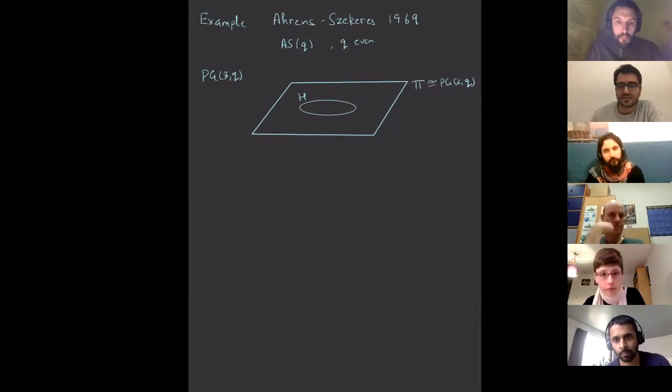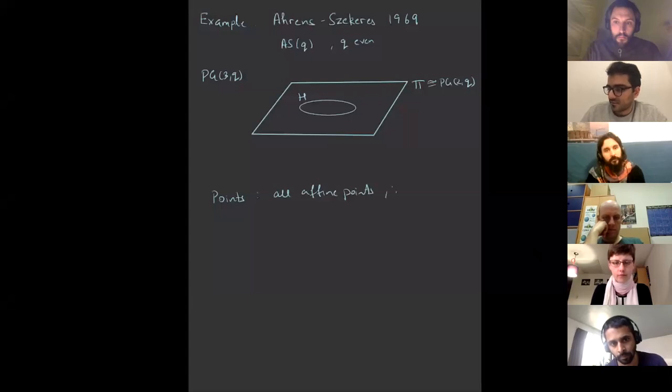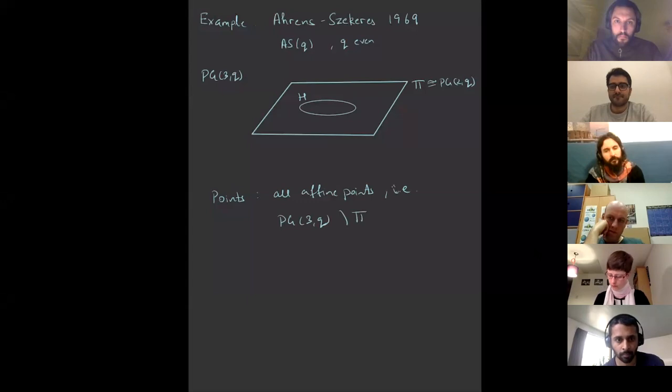Okay, now here is my generalized quadrangle. My points are all affine points. That is, all the points outside this plane. So every point inside PG(3,q) which does not lie on pi will be a point of my generalized quadrangle.